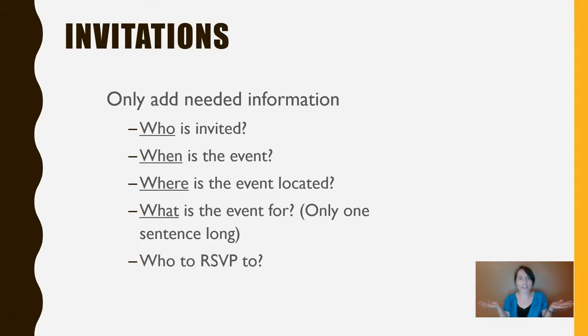Otherwise, they're not going to know what to do and where to come. And sometimes you may even want to include what the event is for, but keep it to a minimum, one sentence at the most. And make sure you include your RSVP, who to contact, and their contact information. That way, as a host, you can have an accurate guest count.